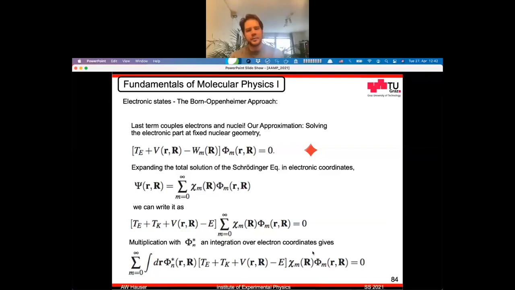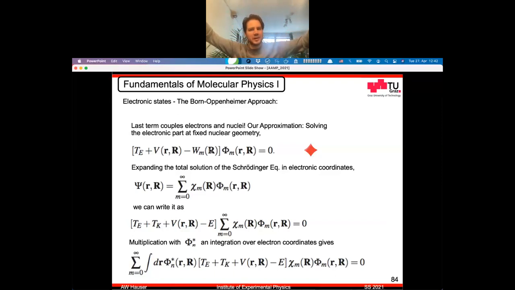Yeah, okay. So let me explain this again. So at first, the equation marked with this diamond symbol here is the electronic Schrödinger equation, and we assume that this equation is solved, because if it's solved, we know this set of electronic eigenfunctions, and we know for each electronic eigenfunction its corresponding eigenenergy, which we said is a kind of potential surface.